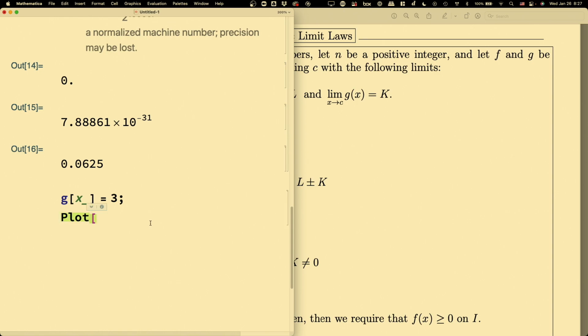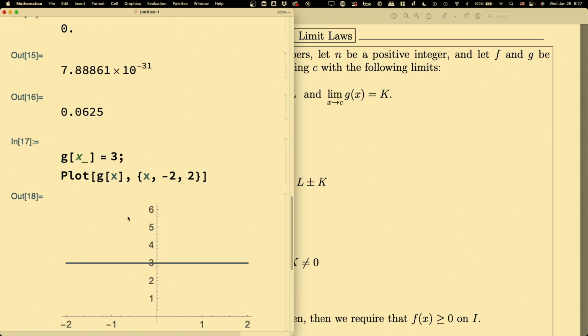Now, I don't really need to do this, but before I do it, what am I going to see when I hit enter here? I should expect to see a horizontal straight line, right? So graphically, if I pick any x value, it doesn't matter in this case, what are the y values close to that? 3.